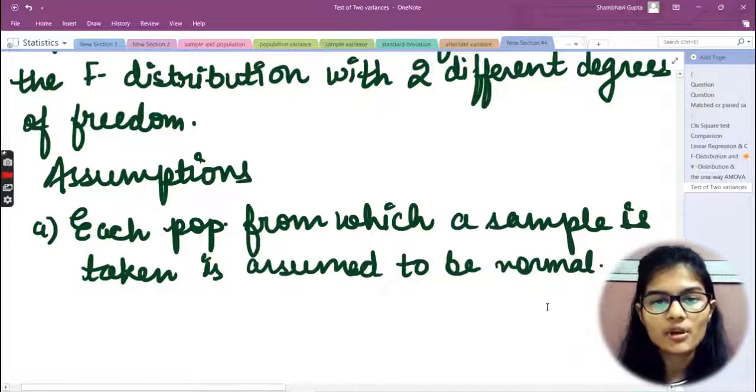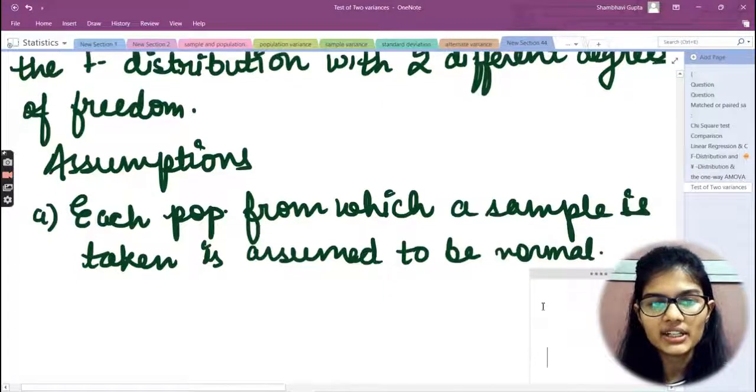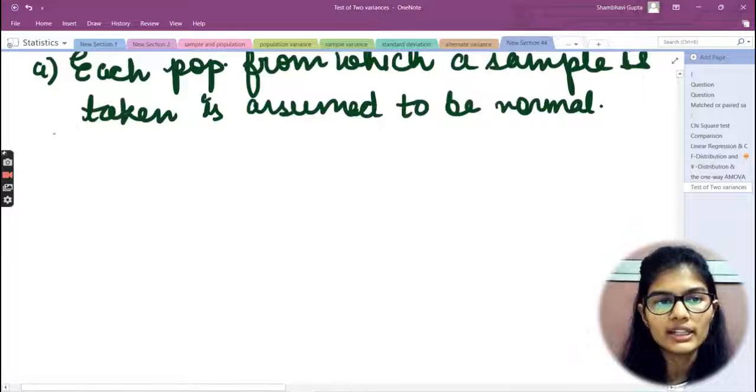So each population from which a sample is taken is assumed to be normal here.